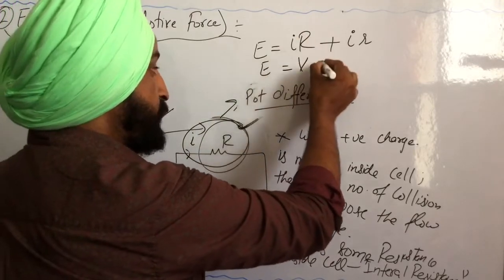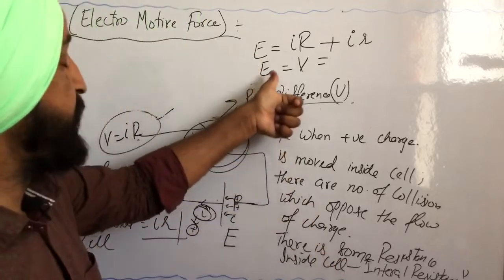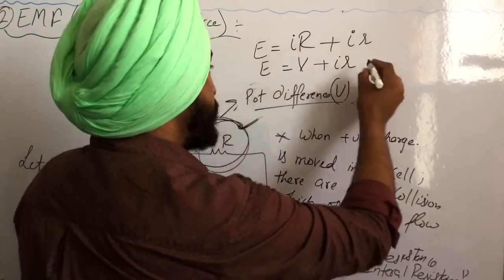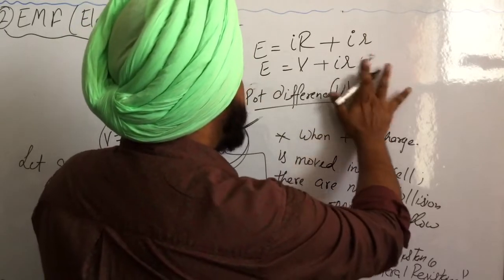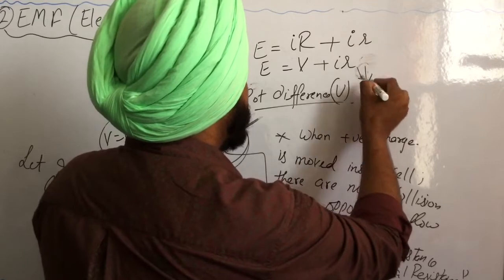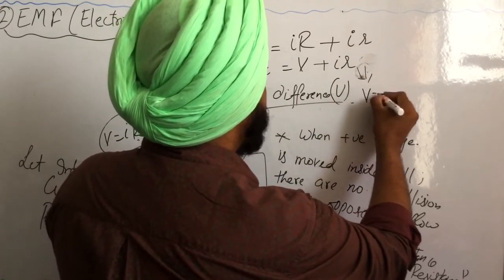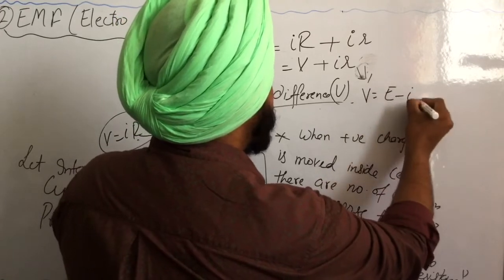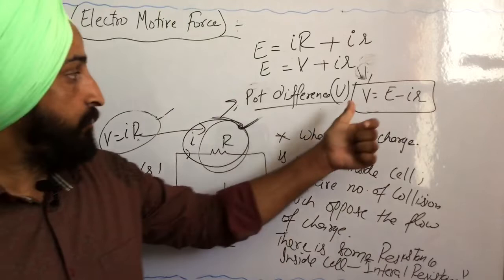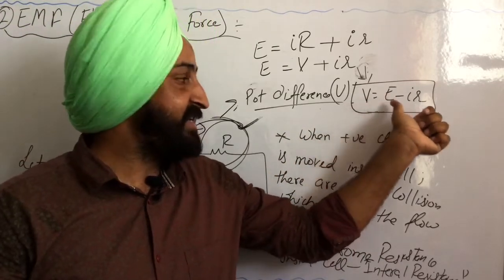This is actually potential drop, we denote it with V. Fine. So E is equal to V plus Ir. So from here you can write V is equal to E minus Ir.